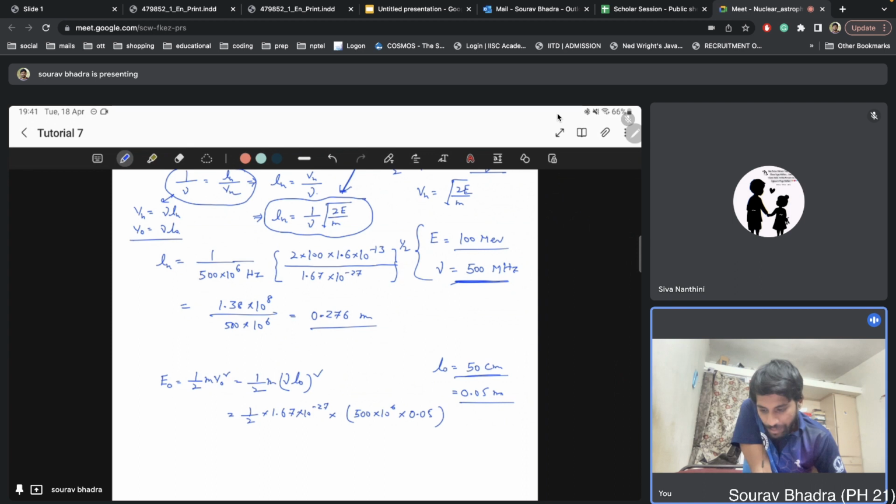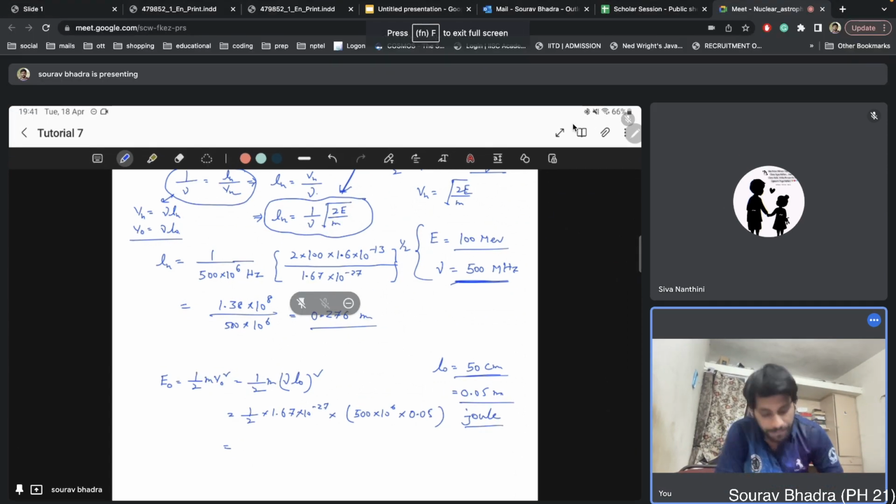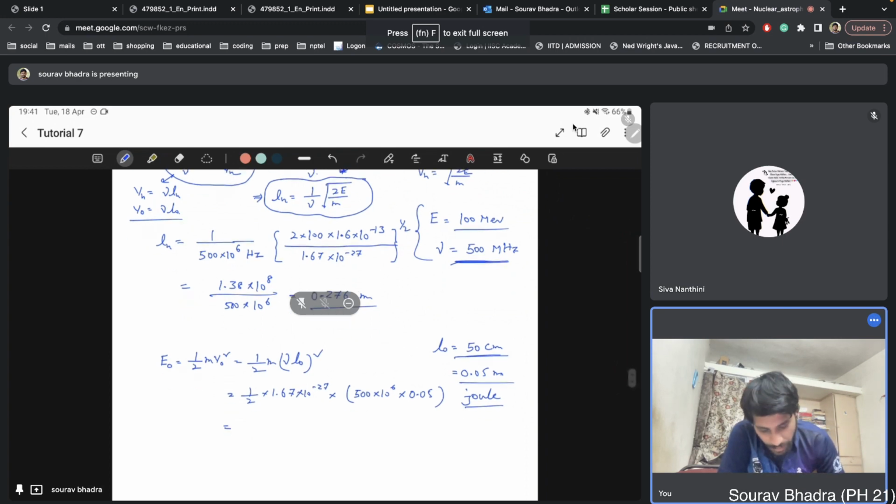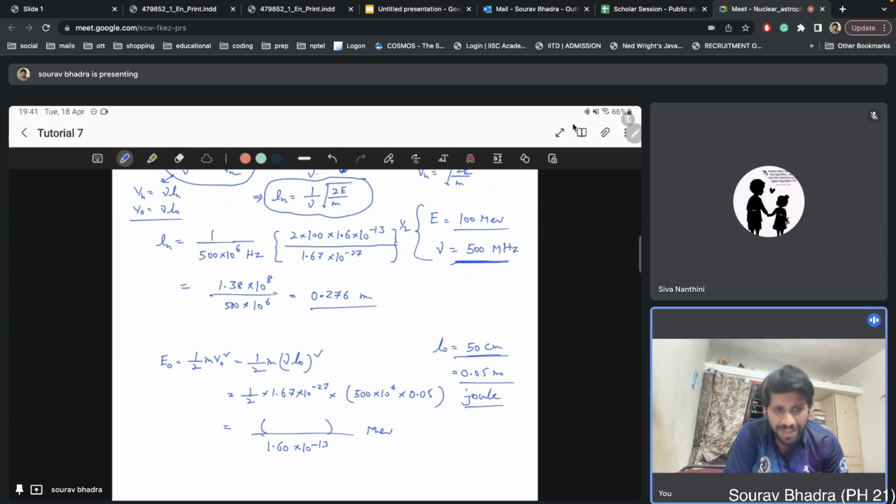If you calculate this, the result will be in joule, because we have done everything in SI. We want to convert it to MeV, so we will divide it by 1.60 10 to the minus 13. I am not doing all the calculations.